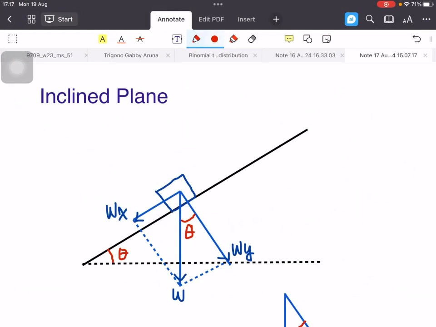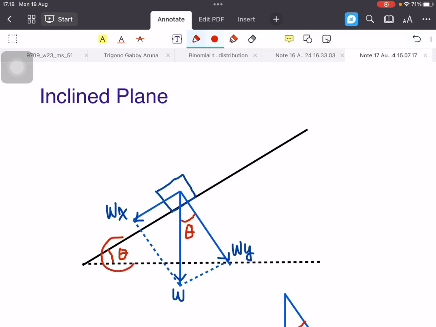Now, what if an object lies on an inclined plane? If an object lies on an inclined plane, we can split the forces into x direction, which is parallel to the plane, and y direction perpendicular to the plane. For example, in this diagram, we have an inclined plane that makes angle theta degrees to the horizontal.